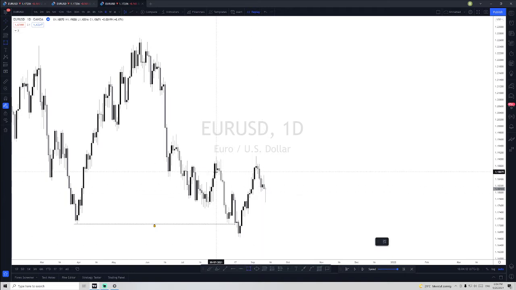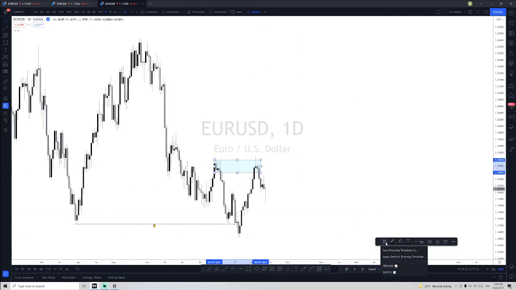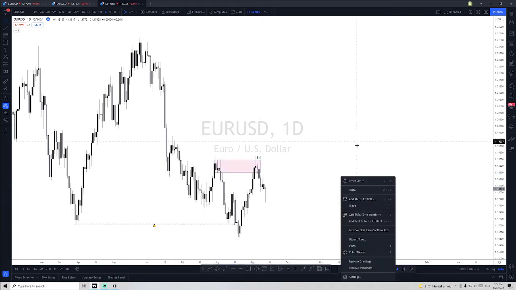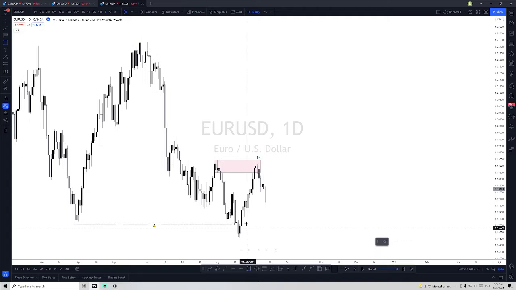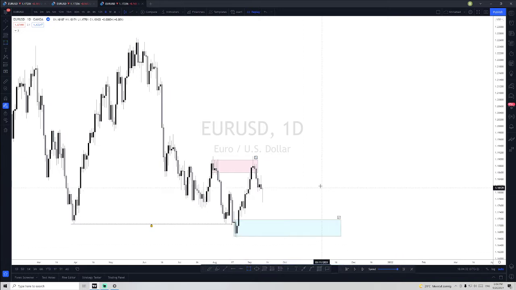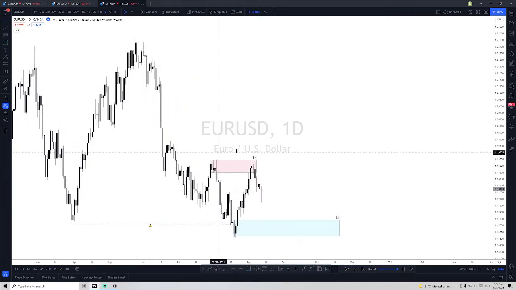So this is our area of supply. On the daily, we're going to refine this to the 4-hour and then the lower time frames. And when we look at supply, we also have to look at points of demand. So I have a point of demand over here. And this is our daily structure information that we have.